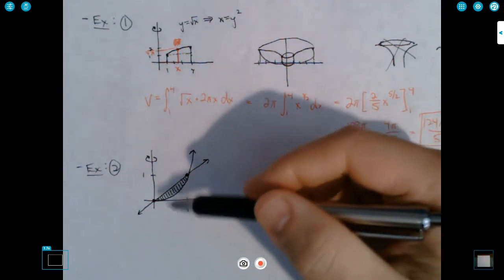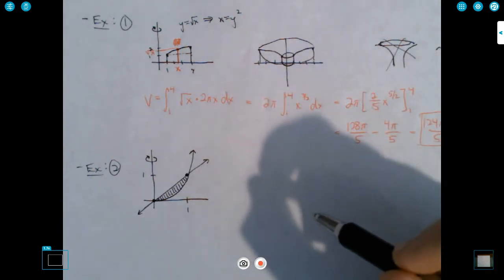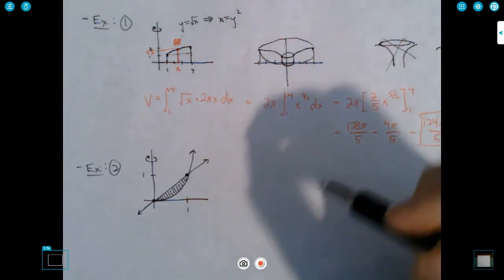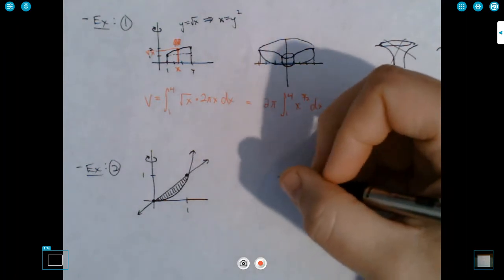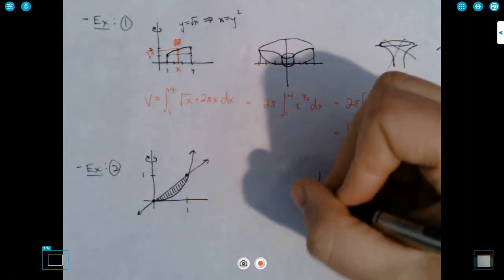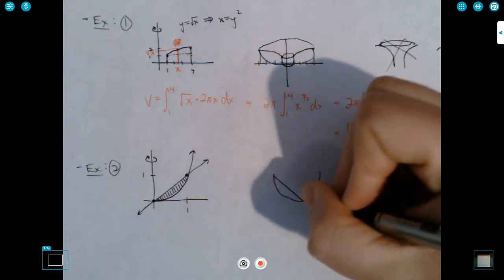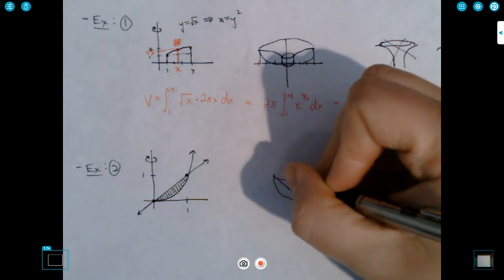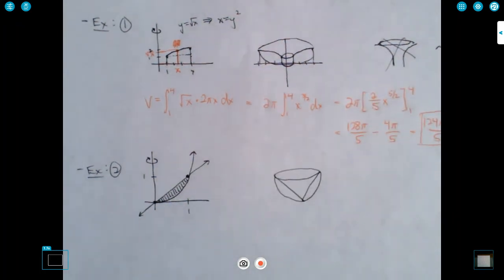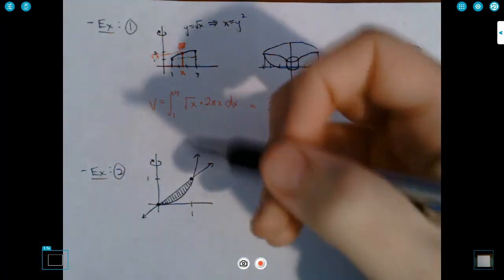Using discs and washers, that wouldn't be too bad at all. You would get kind of a bowl-looking thing like that.